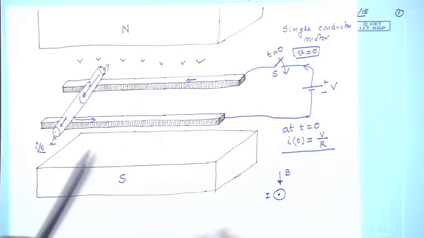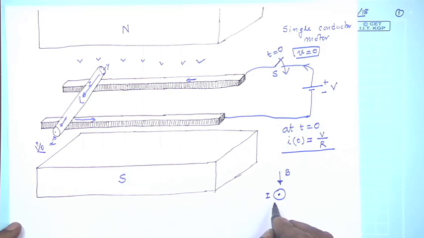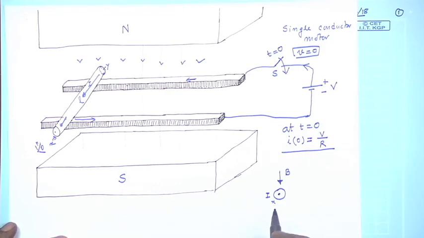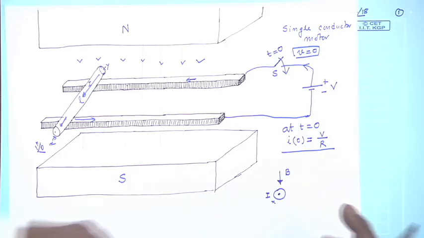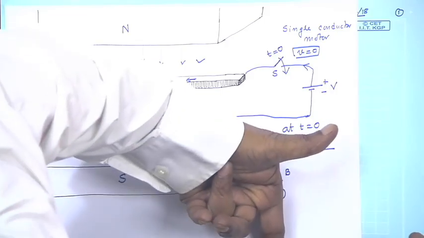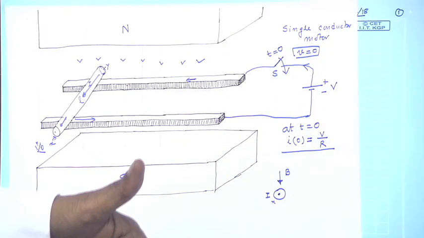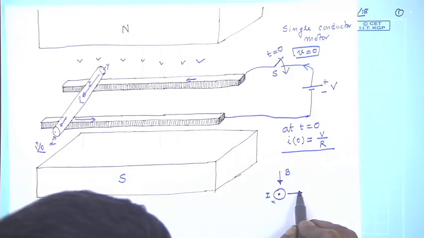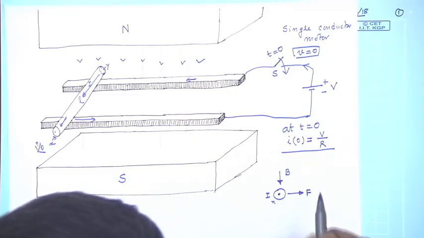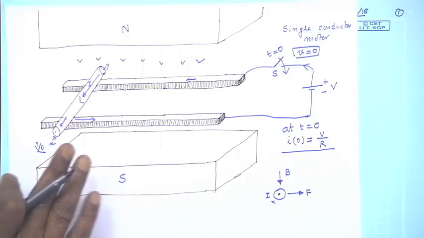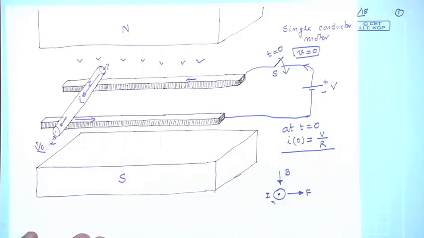So, this end x of the conductor is carrying a current I. Therefore, a current carrying conductor placed in a magnetic field must experience a force. Apply left hand rule: B, this is I. So, the force will be in this direction, or the conductor will start moving to the right.